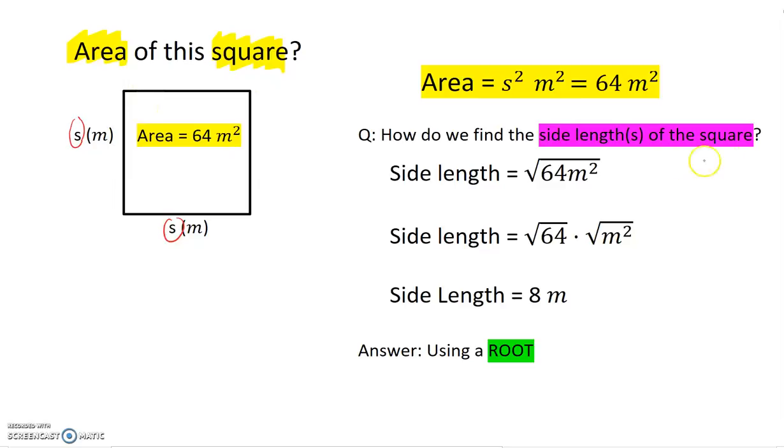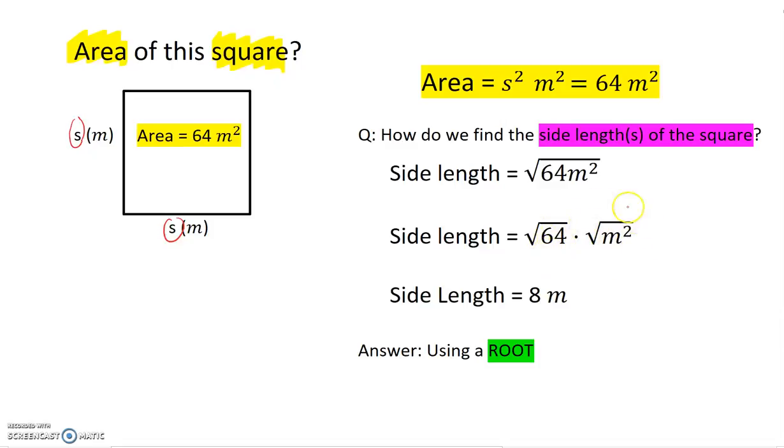So how do we find the side lengths of the square? Well, you probably won't be surprised, but to find one side length, we are going to take the square root. That's exactly the purpose of the square root. So we start with 64 square meters. We can break this into two parts. We can have our number, which will be our side length, and square root of 64, of course, is 8.